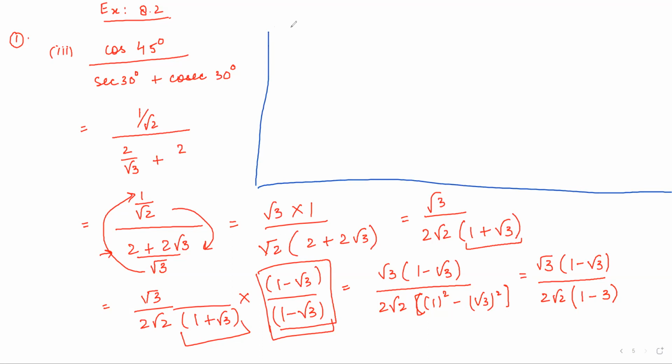So what I'm getting here is under root 3 into 1 minus under root 3 and divided by 2 under root 2. And this is 1 minus 3 is minus of 2, right? Yeah, ma'am. Okay, so put it in the bracket because this is multiplied here. So basically this becomes 2 into 2, 4, right? Yeah.